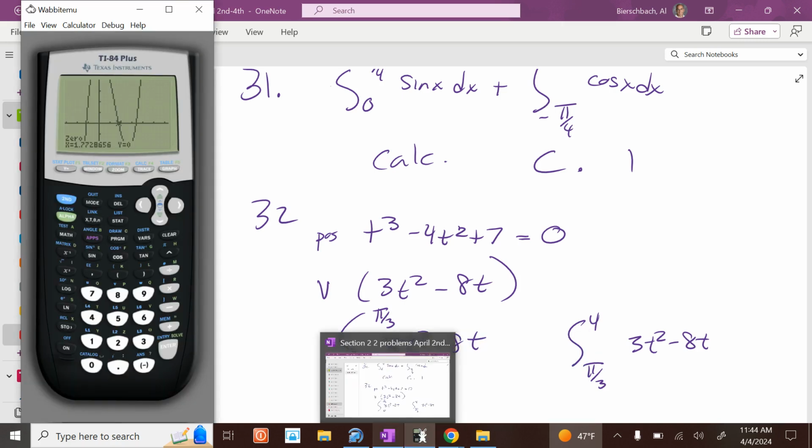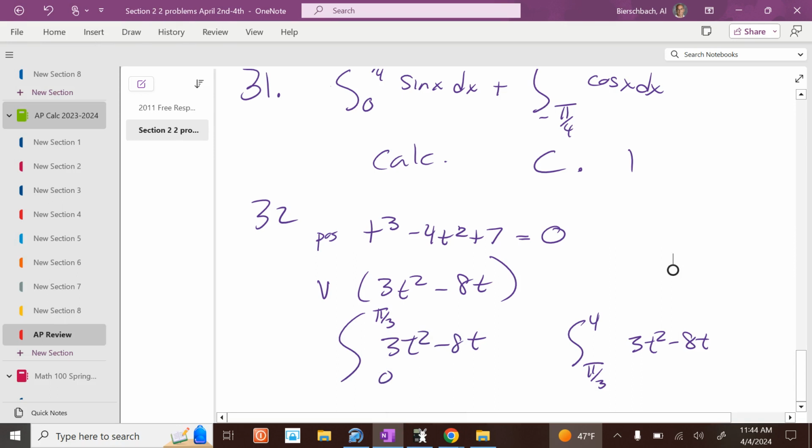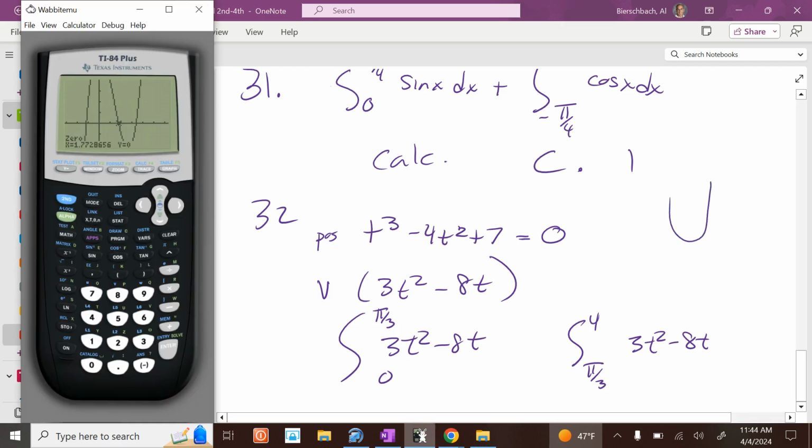So if we take the first derivative of this, clear this out.